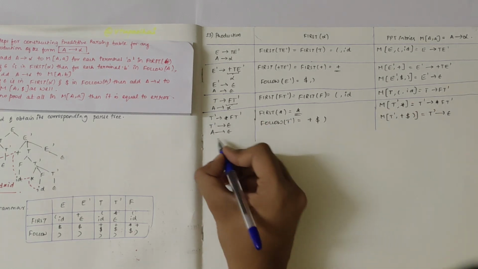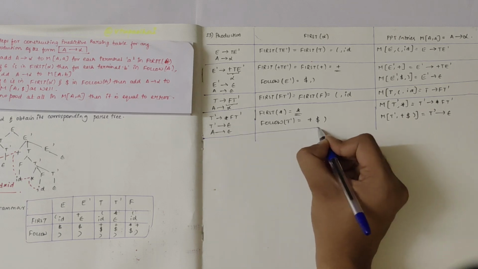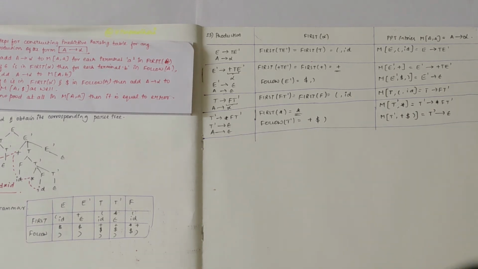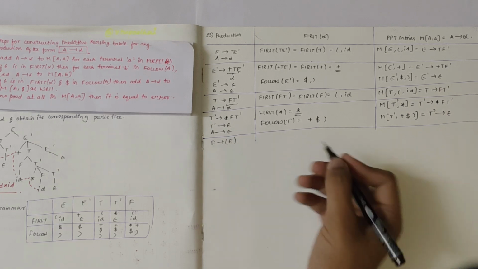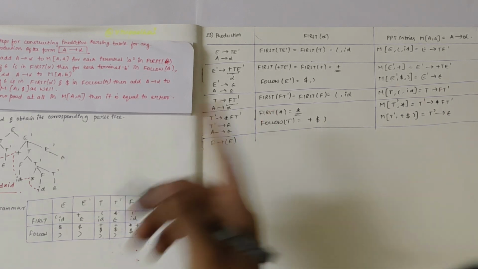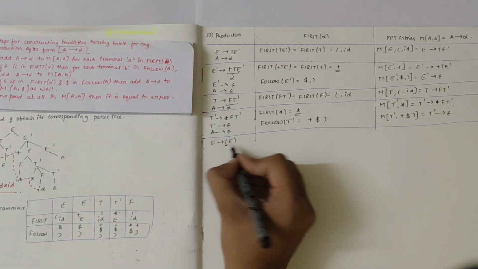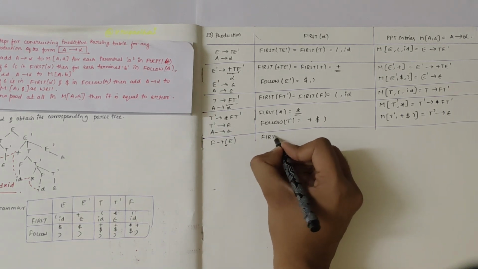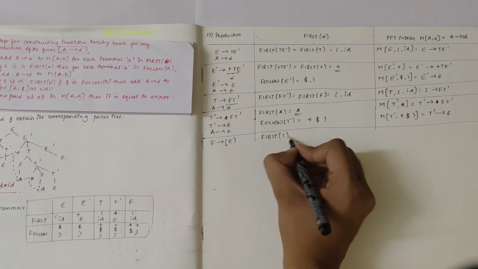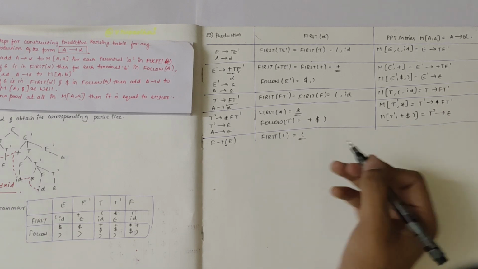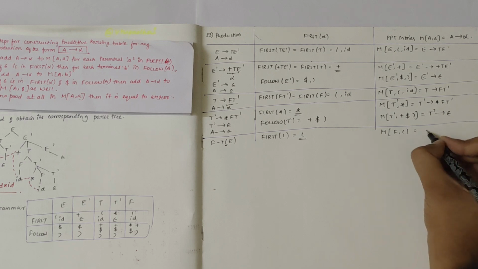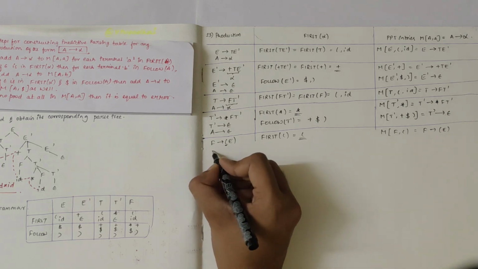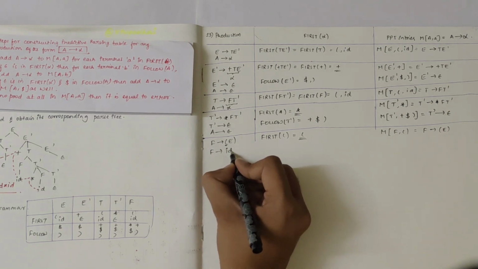Now let's look into the last production, that is F derives open parenthesis E close parenthesis, E enclosed in open and close parenthesis. Here we have the terminal, so first of open parenthesis would be the same. So here we can write M of F comma open parenthesis is equal to F derives (E), and on the other side we have F derives ID.